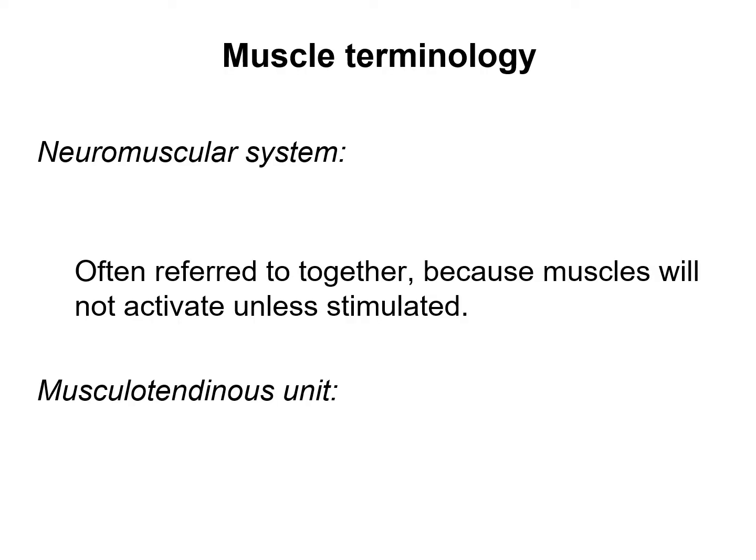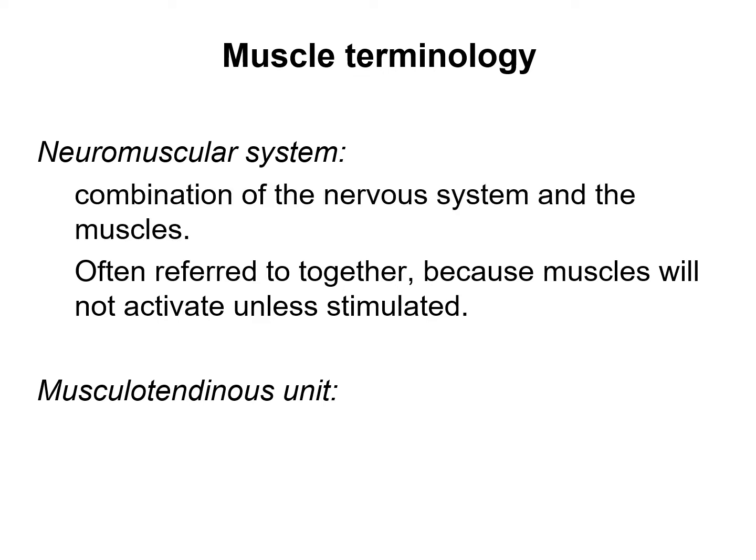The neuromuscular system. This is a combination of the nervous system and the muscles. These are often referred to together because muscles will not activate unless stimulated. It's a bit of a pet peeve of mine when people refer to muscle memory. Muscles do not have memory.